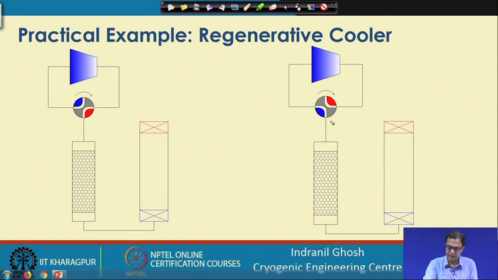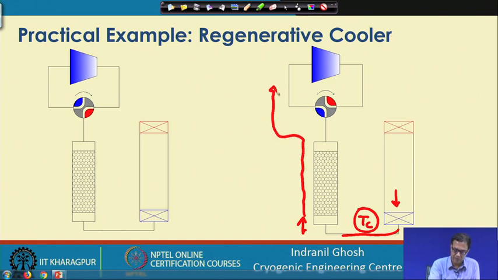In the other cycle, when it is connected to the suction side of the compressor, this cold gas at TC or slightly lower than TC goes back to the suction side of the compressor via this regenerator. When passing through the regenerator, it picks up the heat it left earlier in the regenerator bed.